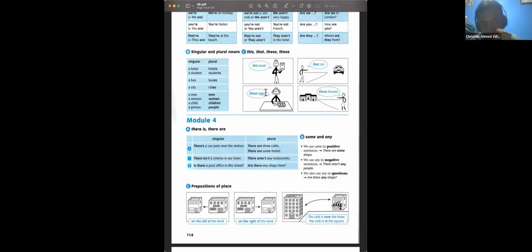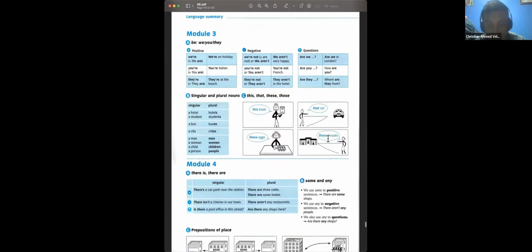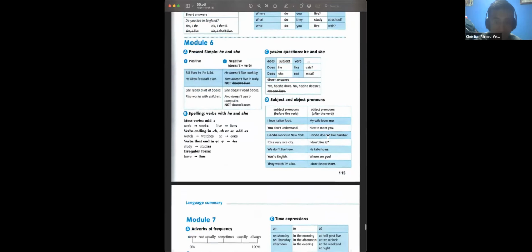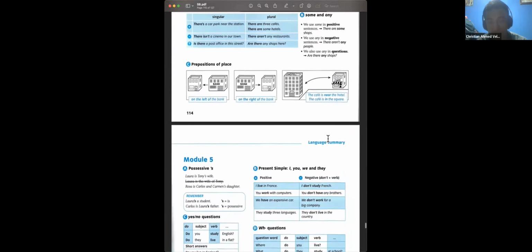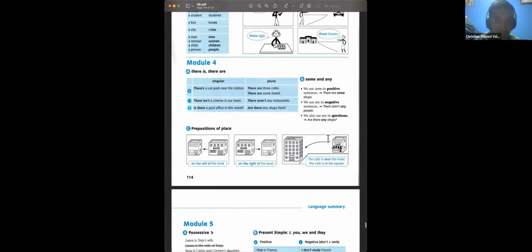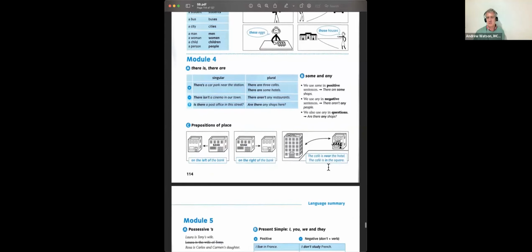Okay, and we need to explain with all the information that the book gives. It's a preposition of place. Well, yes, you need to use on the left, on the right, near, and in. That's your target language, right?